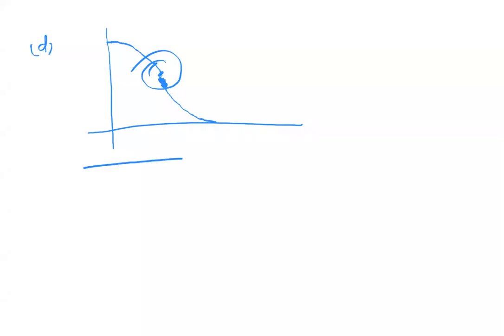If here is your 0, here is the origin, the f'(x) graph will look like this, correct? Am I right? Okay. So you can find the x coordinate of this point. Can you please tell me what you get? 6. Am I right? 6, huh?